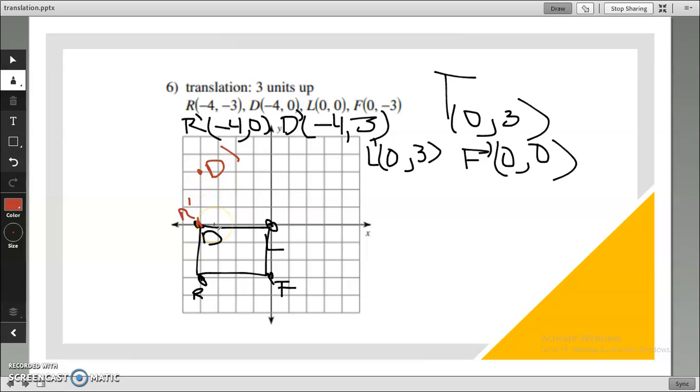So that works out. L is 0, 3. L prime. So that's moving up 1, 2, 3, and F prime is at 0, 0. And that's moving up 1, 2, 3. So we have our new image that moved up 3.